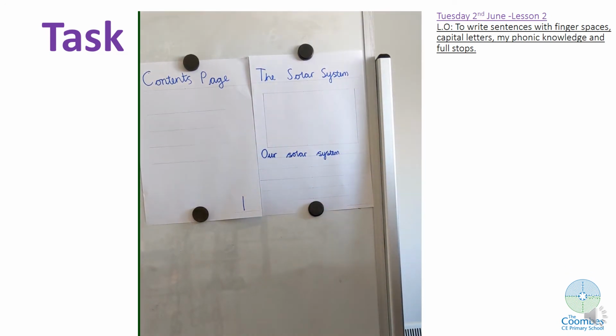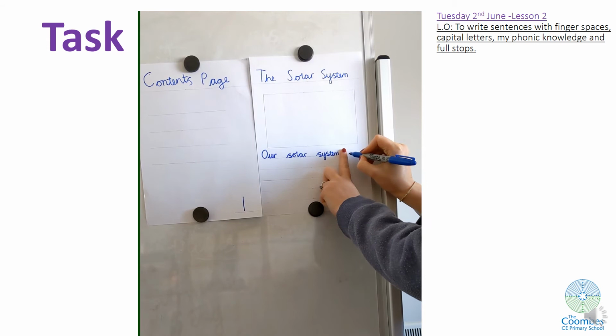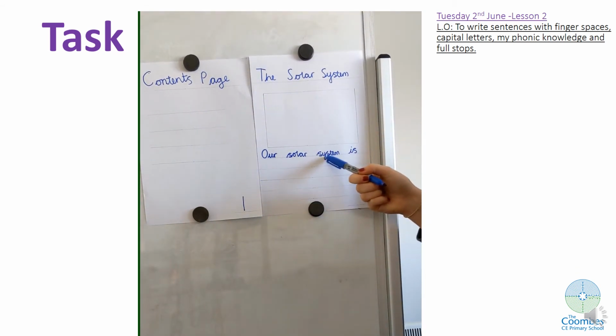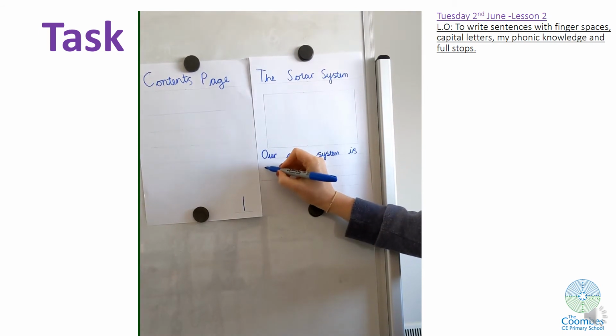The next 3 words, our solar system, is made up. So, is a red word. We can't Fred talk it. So finger space. And you need an I and an S. Our solar system is made up. Now I cannot write the word made here, so I'll have to go down to the next line. Made, and this uses my A, make a cake sound.